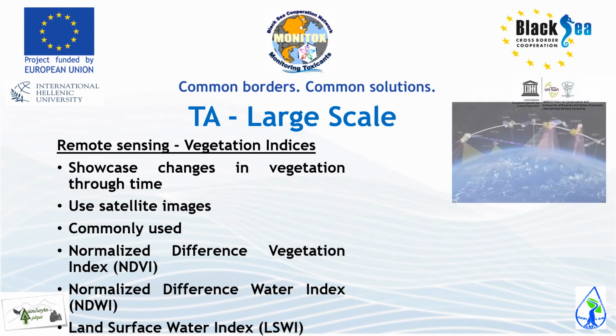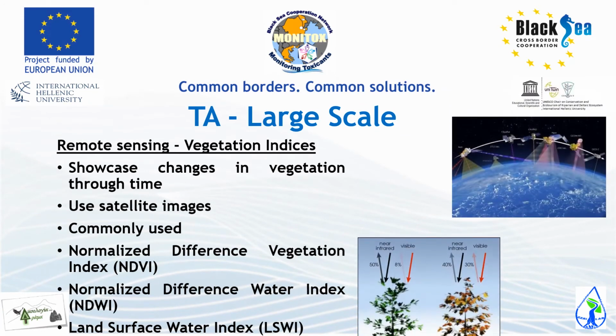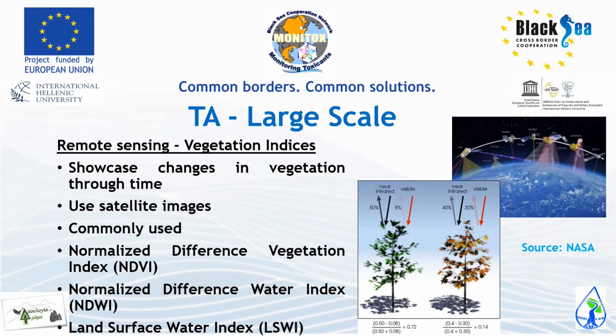The other large-scale method that we really like is vegetation indices. These are based on remote sensing techniques. Specifically, you look at the reflectance of the vegetation, and depending on this, you can see if the riparian vegetation is in good or bad condition. In addition, another advantage is that we now have satellite images for many decades.